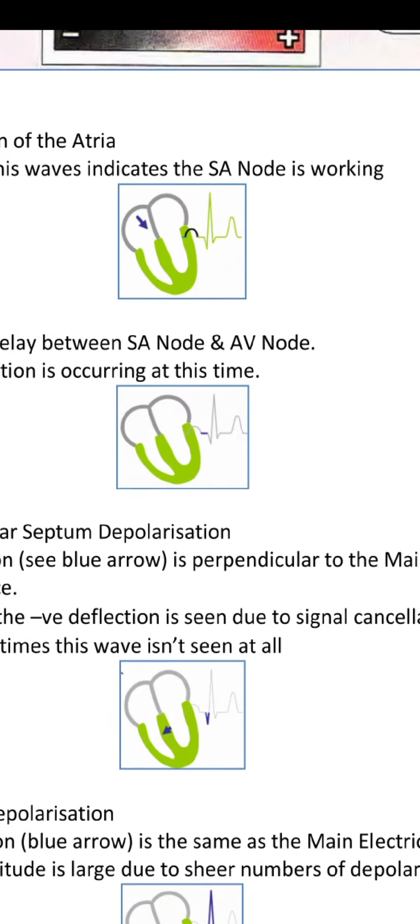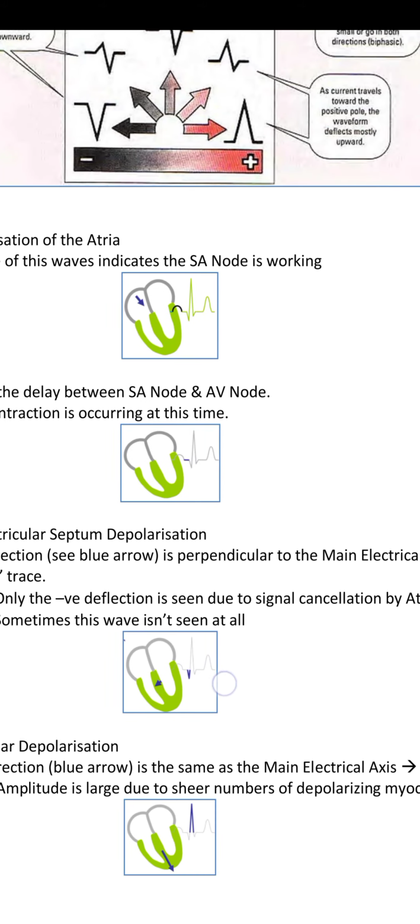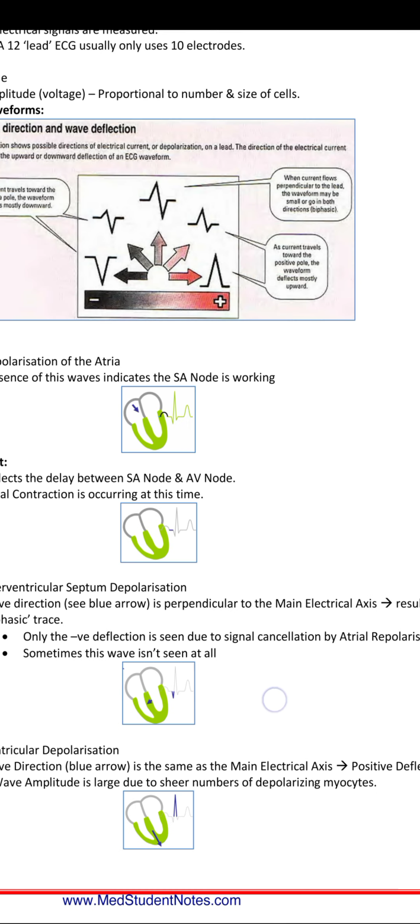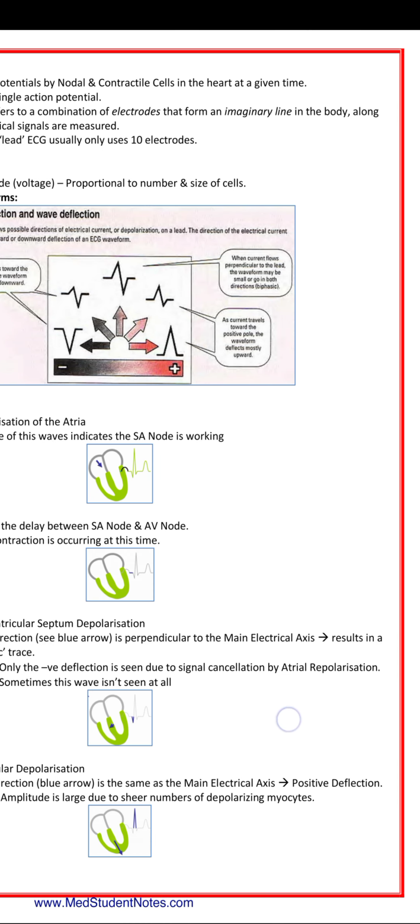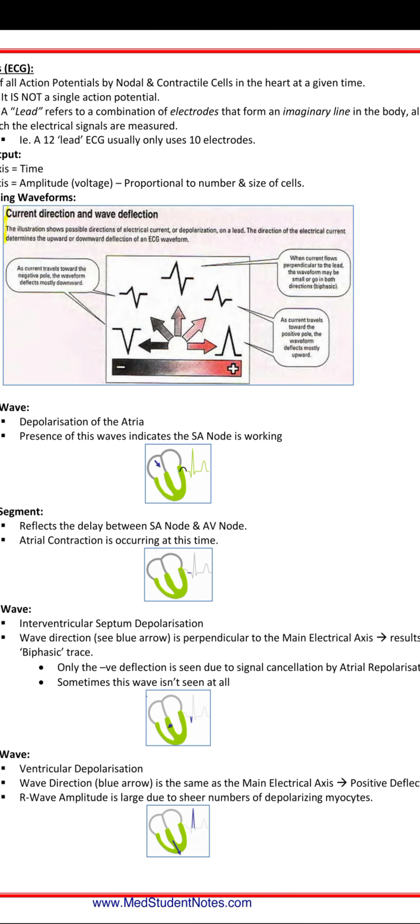As you can see, the blue arrow is perpendicular to the main electrical axis and results in a biphasic trace.